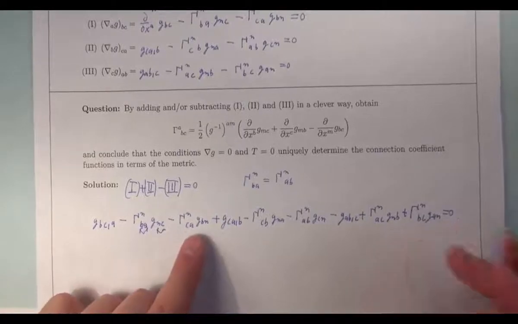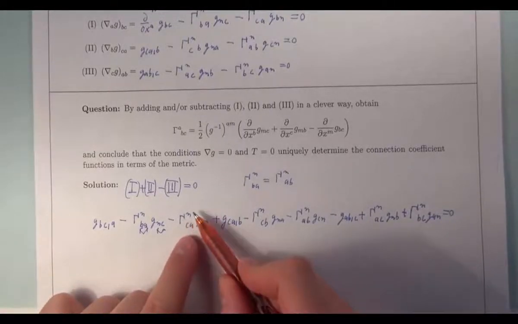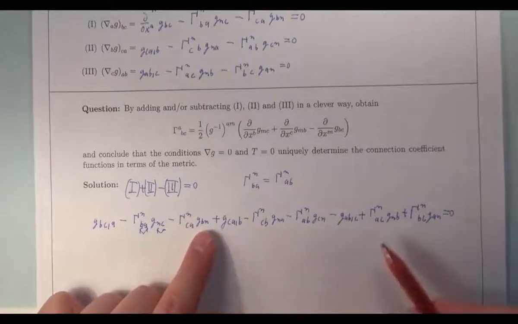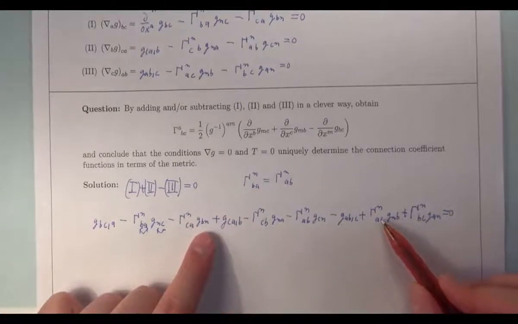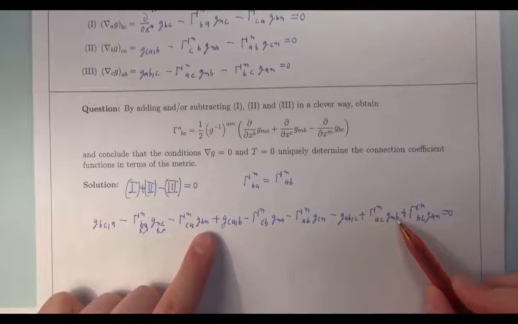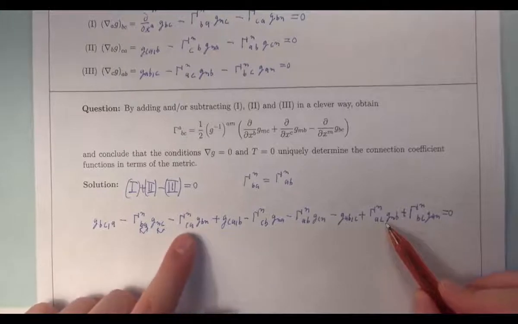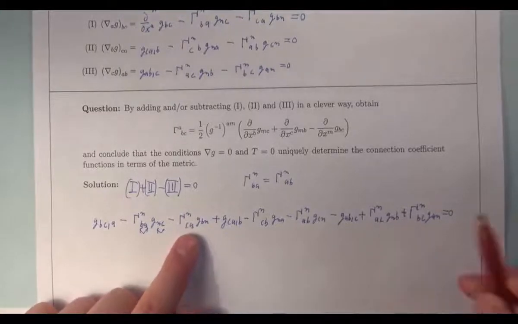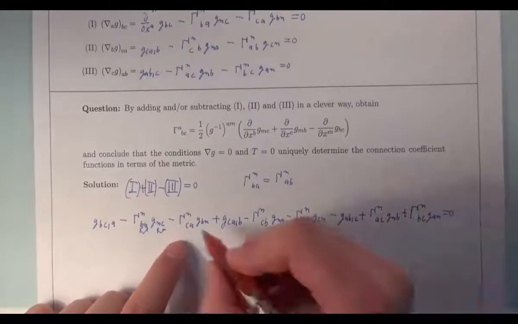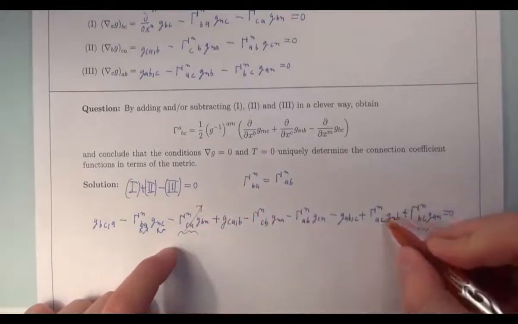We look for the next coefficients. We see gamma NCA GBN, where we found this again. Here gamma NAC GNB. We can also exchange here the NB to BN and the AC to CA. We see this is 2 times the same term, but with different sign, so they cancel each other.